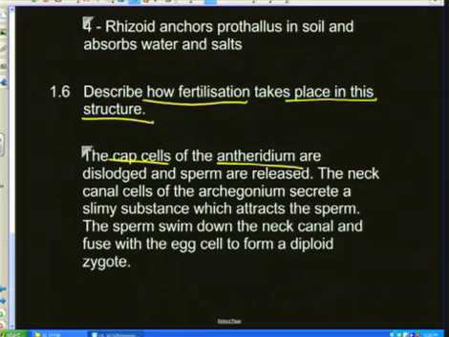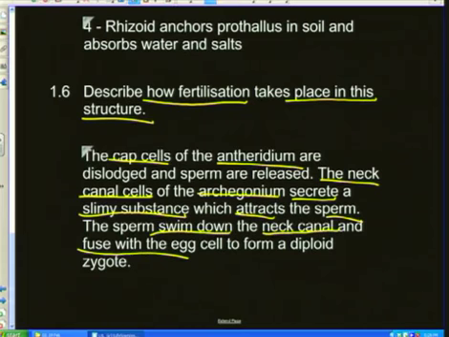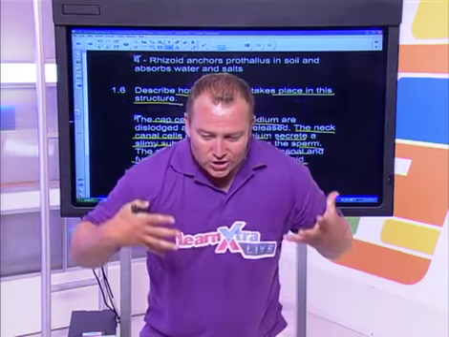The neck canal cells, in other words the little canal, those cells of the Archegonium secrete a slimy substance which attracts the sperm, nice and easy. The sperm will swim down the neck canal and fuse with the egg cell to form a diploid zygote.